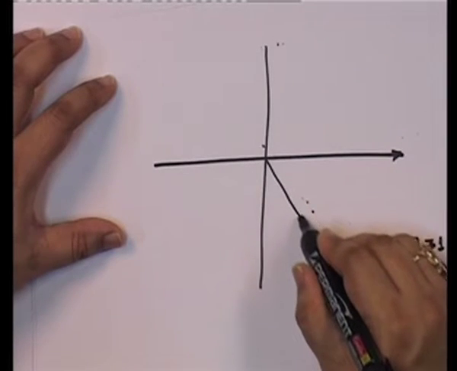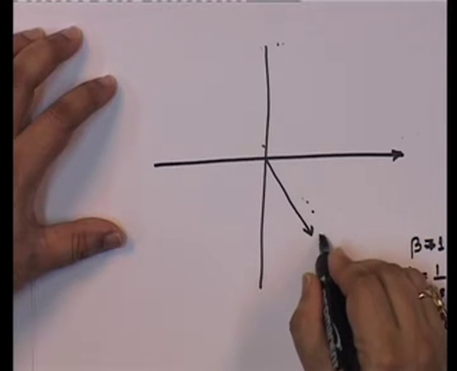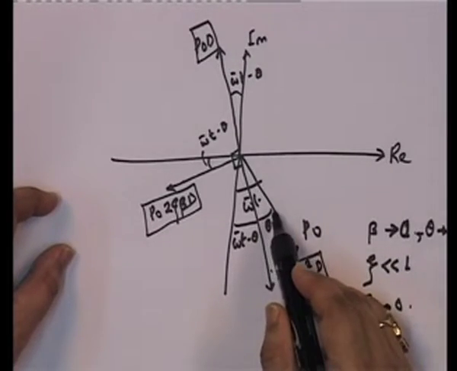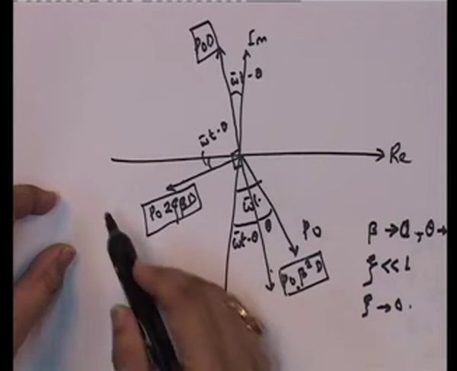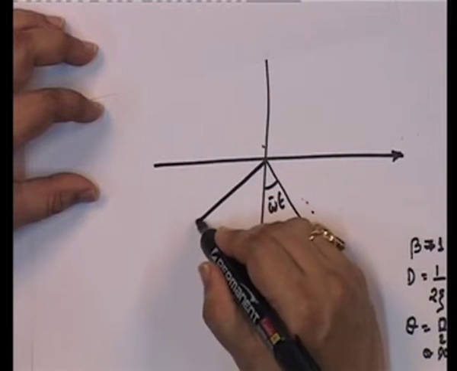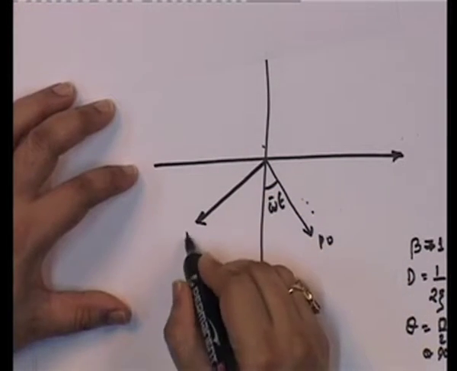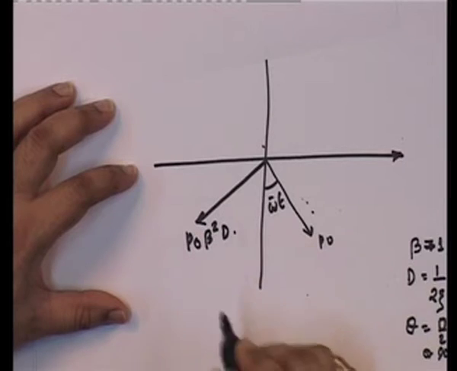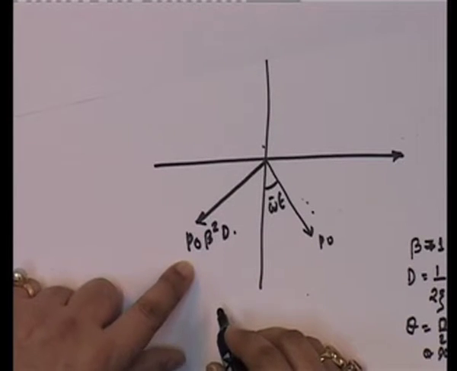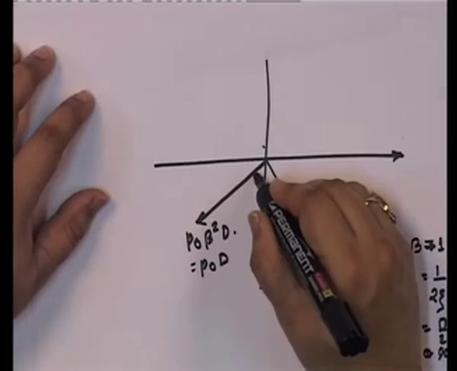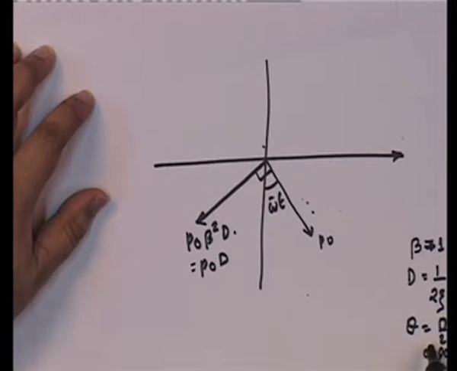I have the applied load at P naught, that is at omega theta. Now, look at this. This theta is equal to pi by 2. So, this one, which is my P naught beta squared d, is equal to P naught d. So, this is 90 degrees because theta is 90 degrees.